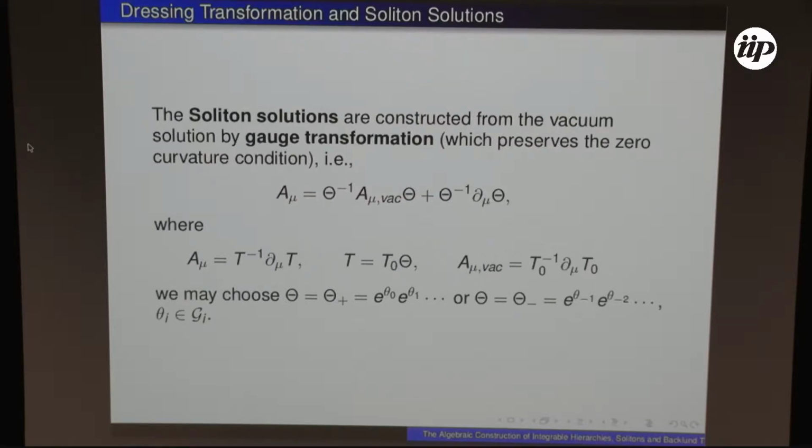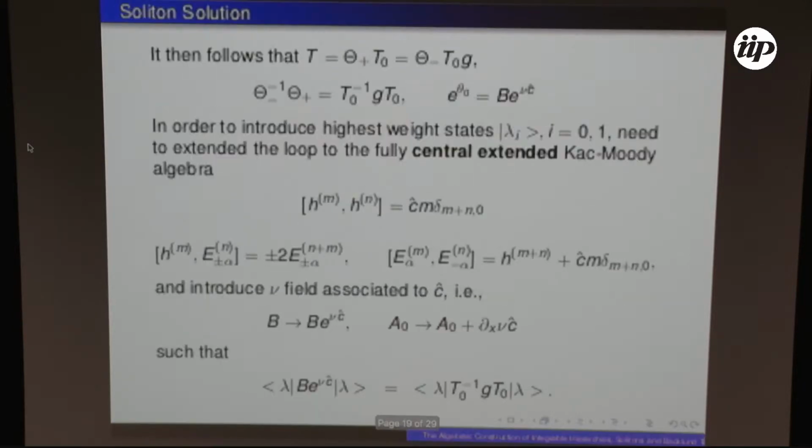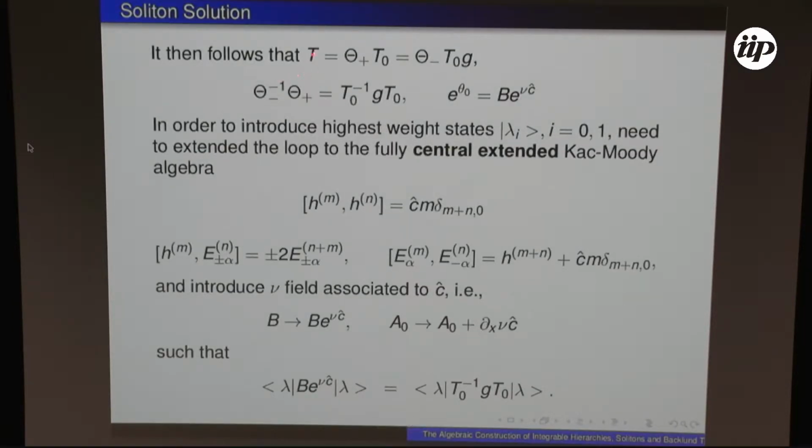But if you have two gauge transformations, you see your gauge potential, which is a pure gauge, is transformed as a multiplication of group elements, like this. But since you have two, the same group element is written in terms of theta plus times T0 or theta minus times T0.